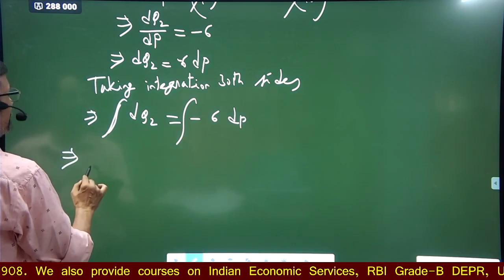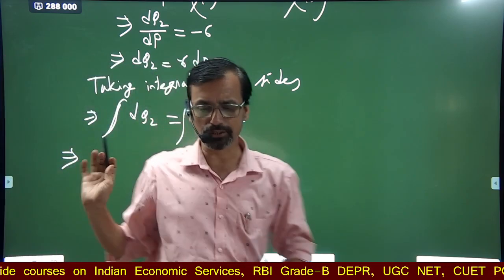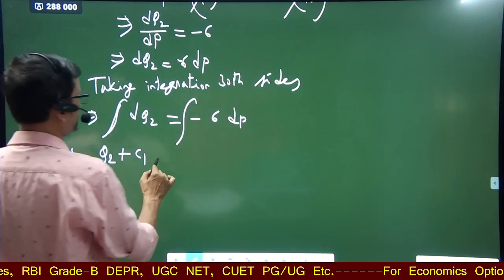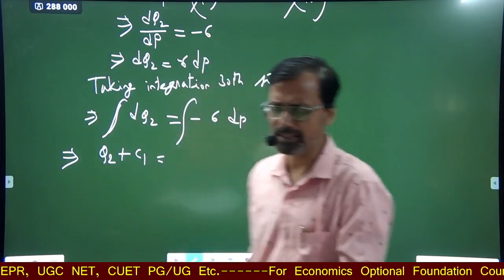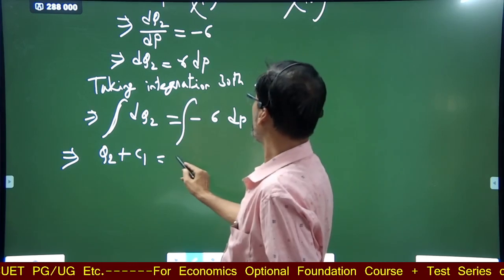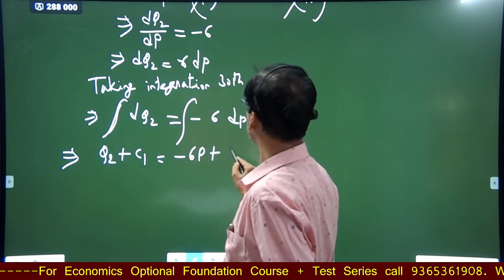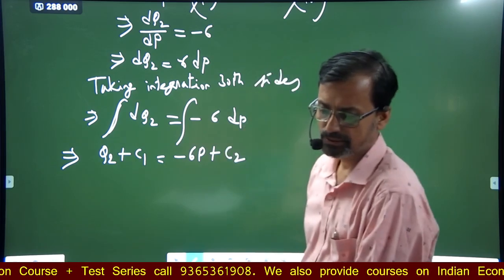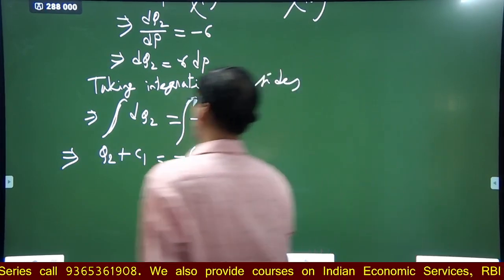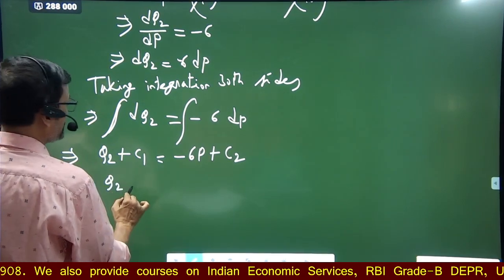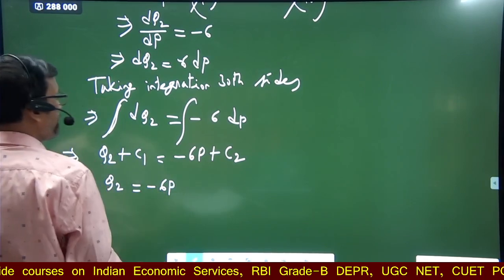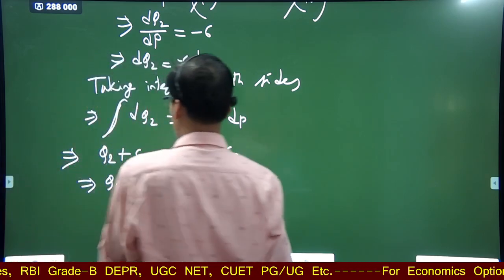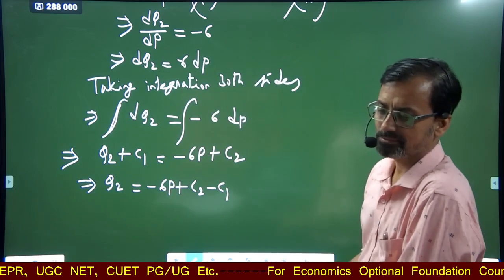When we integrate, we get Q2 plus one constant, say C1, on the left, and minus 6P plus another constant, C2, on the right. So ultimately we are getting Q2 equals minus 6P plus C2 minus C1.